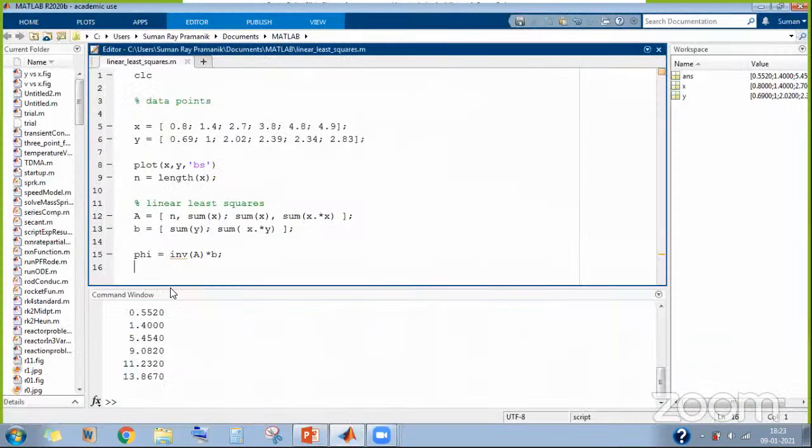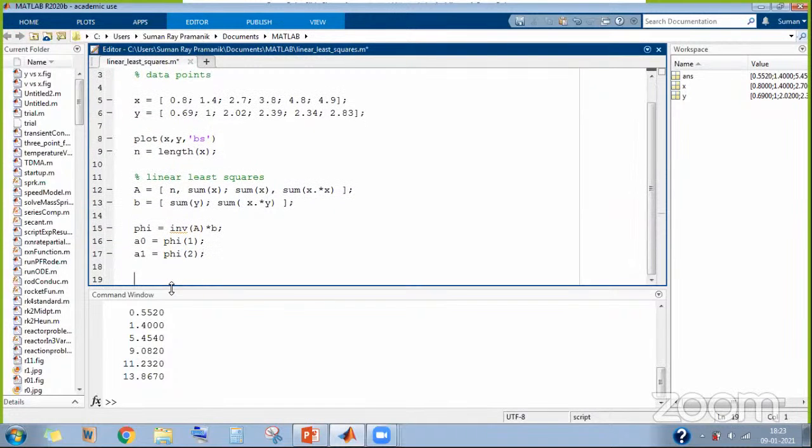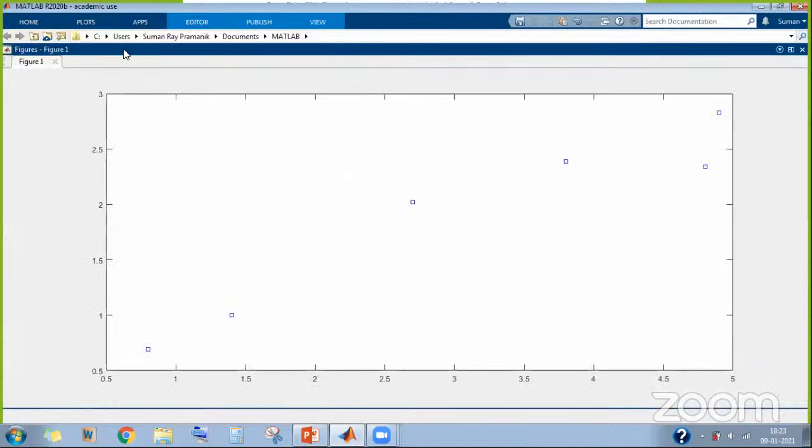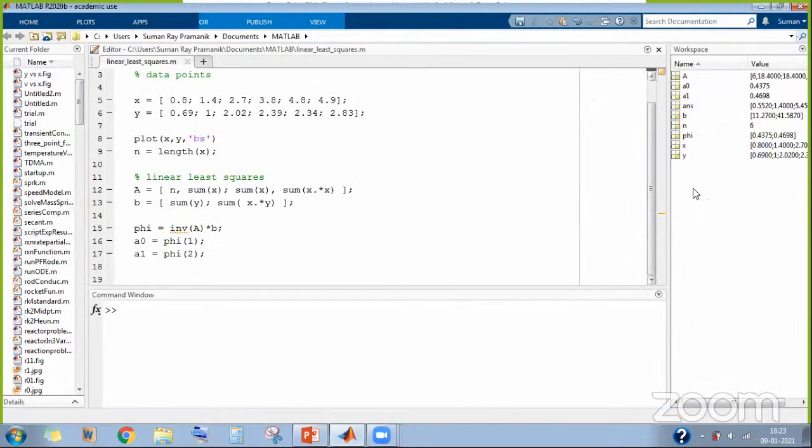So A0 will be the first element of phi, and A1 will be the second element of phi. Okay, so let's run this. Once again, it will give us the same plot, but let's look at the values of A0 and A1. So A0 is coming as 0.4375 and A1 is 0.4698. So these are the coefficients that we have got.